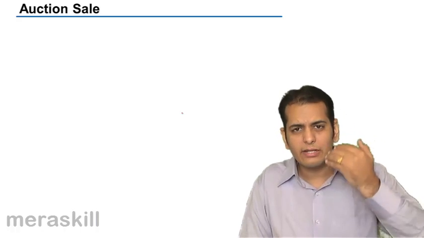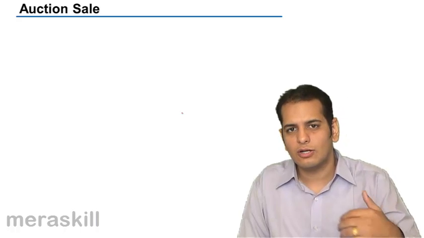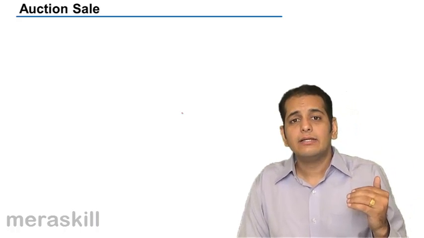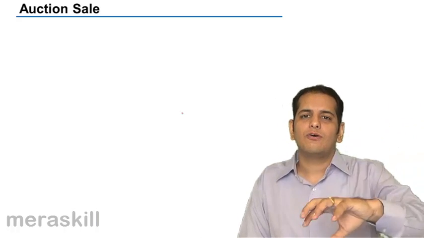But the important part here is the auctioneer. The person who conducts this auction sale is called the auctioneer. He becomes the agent of the seller. And he tries to sell it at the maximum price.